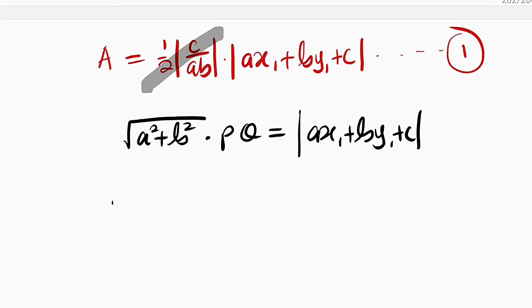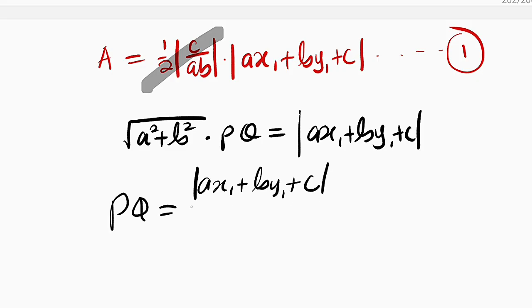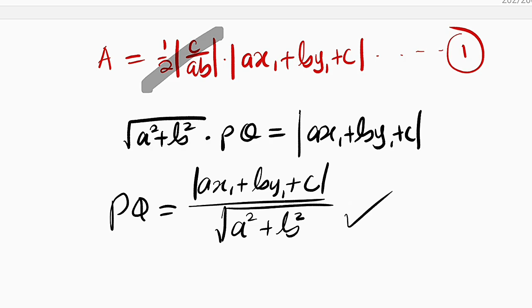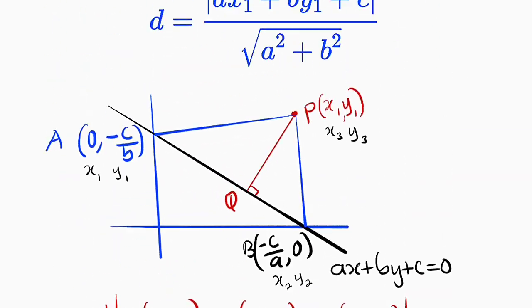And to find pq, you divide both sides by the square root of a squared plus b squared. So this is absolute value of ax1 plus by1 plus c divided by the square root of a squared plus b squared. And hence, this is the formula used to calculate the perpendicular distance from a given line to any point. Right? Exactly as what we are asked to prove.